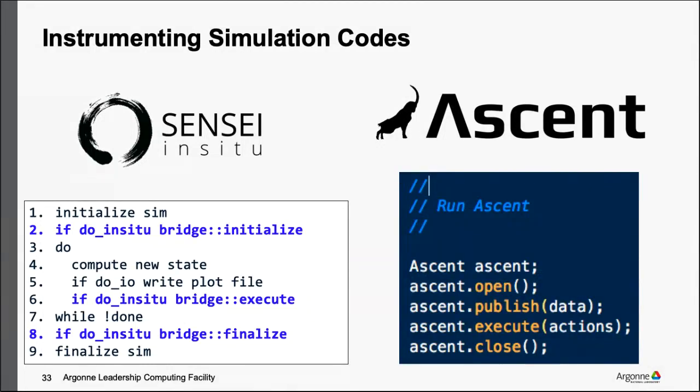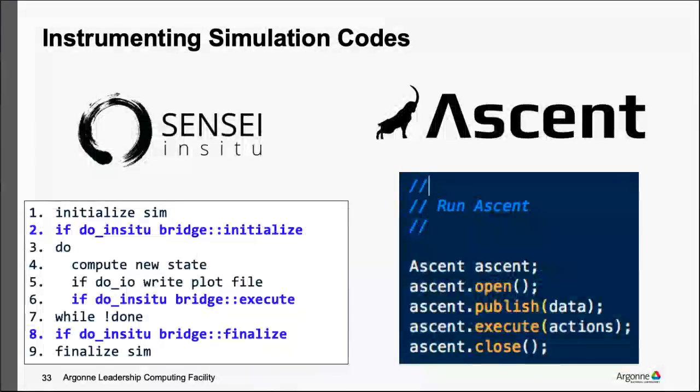Then in every time step, after there's new data, you will call execute, or there's also a way of calling update that is not shown here. Every time there's new data, you call the other side, and the analysis side will know that there's fresh data to do something with. Finally, before finalizing the simulation, you will finalize your bridge and make sure that you terminate everything gracefully.